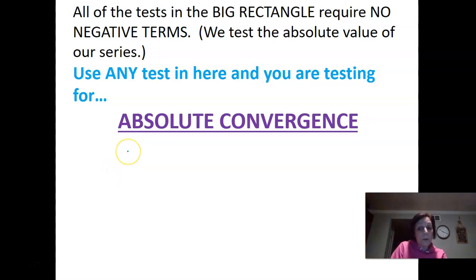So we throw away the negatives, and it converges. Then we say that series converges absolutely. So in other words, even if I take the absolute value, that sucker still converges. We say that series converges absolutely. Okay, that's important. If you use a test in the big rectangle, what you have tested for is absolute convergence.